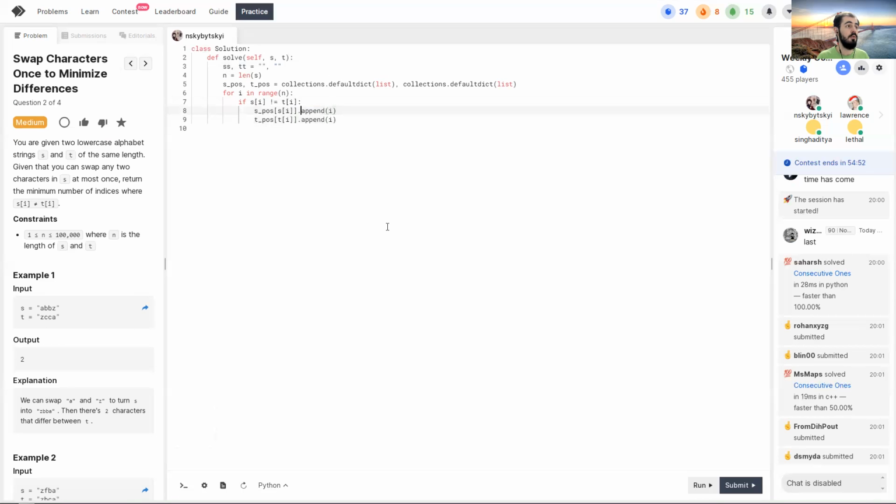So we currently know what characters occur in which positions, I believe. And now we would like to do the following. So when we can improve the answer by updating two positions, again S[i] equals T[j] and S[j] equals T[i].